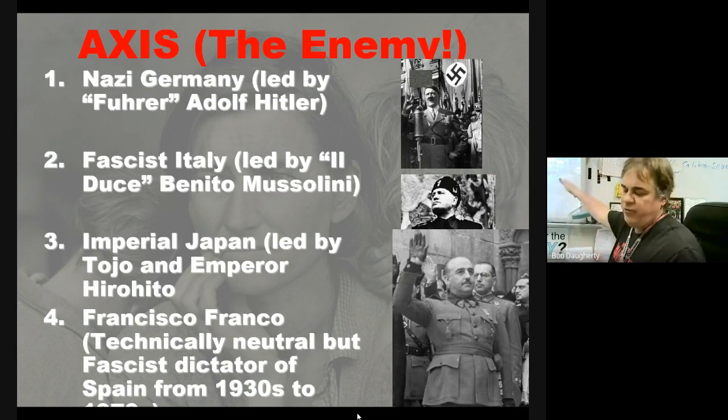He overthrew a pro-leftist, socialist government called the Republicans. Many of his people were conservatives. They were very pro-religious, and they did not like the leftists. And so he fought a civil war in which he overthrew them and then became dictator.